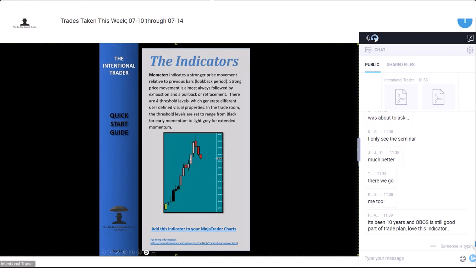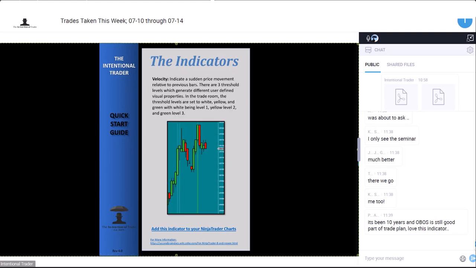Well, we want to measure the momentum. And what happens is the stronger the momentum, the longer it's been going, the lighter colors that these bars turn. And you have the ability to change the colors of these bars if something works better for you. But we just have them go from dark to a light color. So the lighter the color, the more imminent the pullback. Okay, so this is also part of our qualifying process.